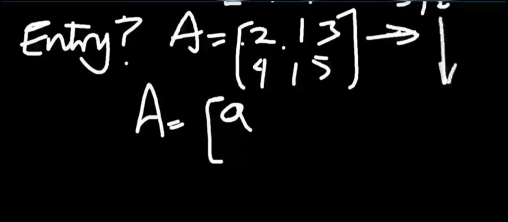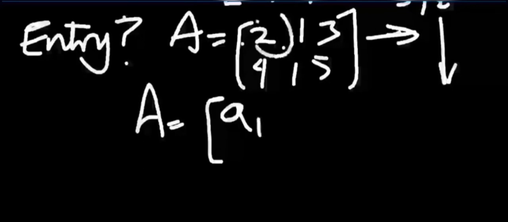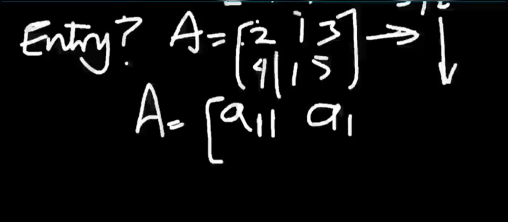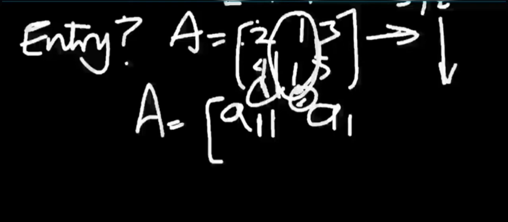You can see that the number of this row is 1, and the number of this column is also 1. Next, this entry is in the first row, but this column is called the second column, and this is 2. So that's the second column.